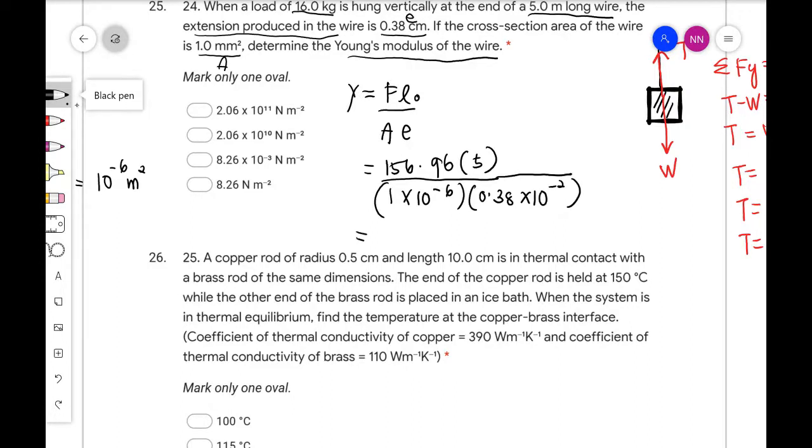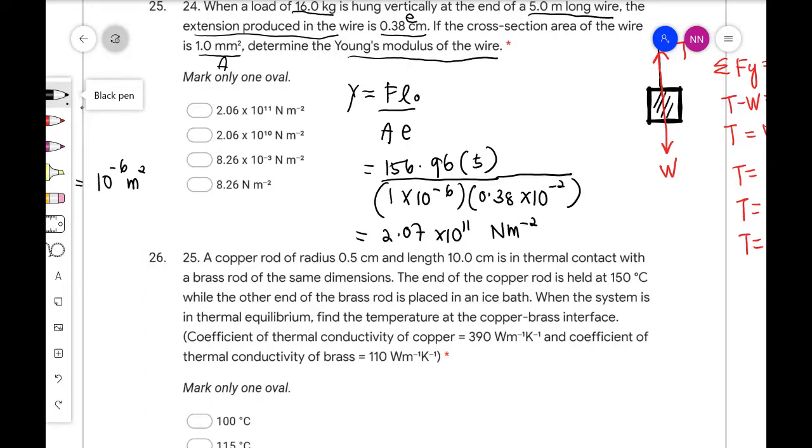So the Young modulus equals 2.07 times 10 to the power of 11, and the unit is Newton per meter square.